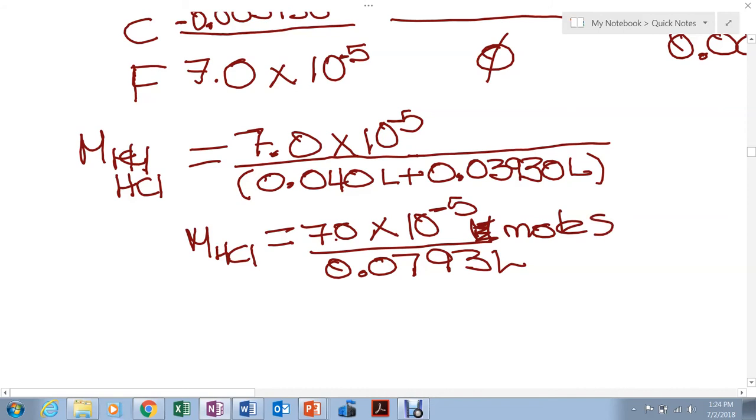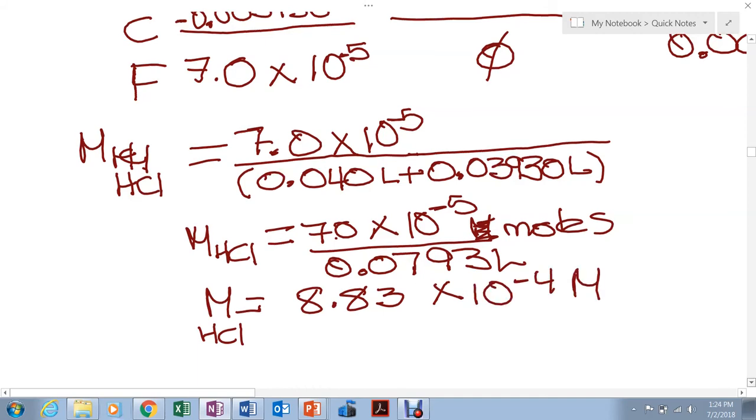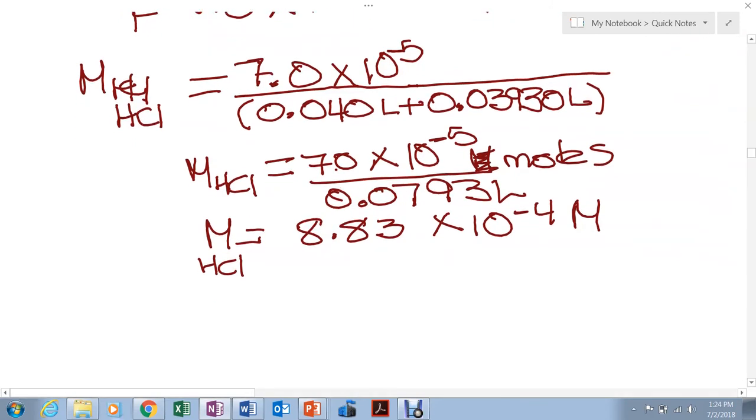So the molarity of HCl is going to give you 8.83 times 10 to the negative 4 M, which is the concentration of hydronium.